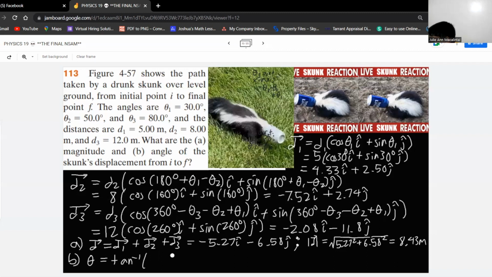Compute that first, and then from there find the angle. It helps to sketch it. Negative 5.27 is the i component and 6.58 the j component, so you get the reference angle and then add 180. You get the tangent of negative and negative, then add 180. That should be the correct angle already.